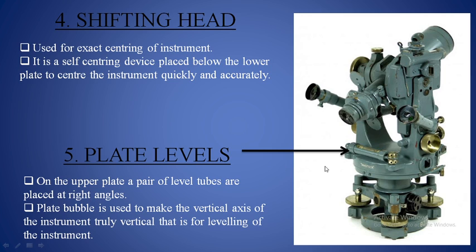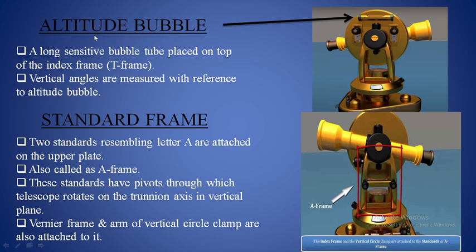For this reason the bubble tube placed above the upper plate is known as the plate level. While you are measuring horizontal angles, you should refer to the bubble tube which is placed just above the upper plate. So the next one is the altitude bubble.